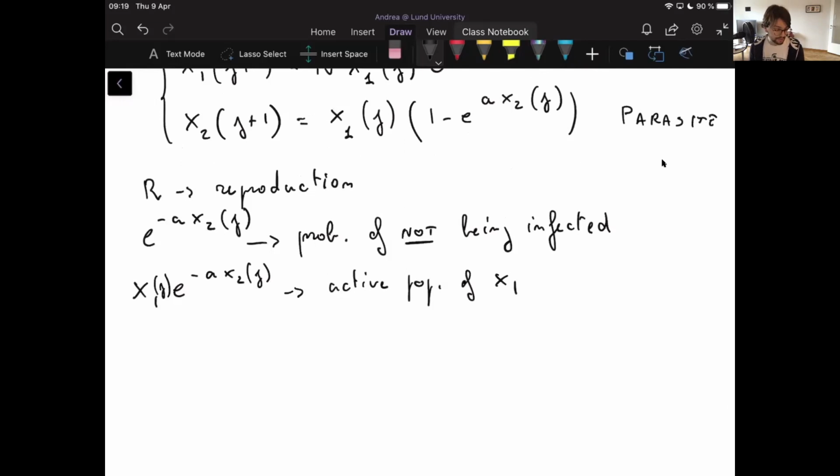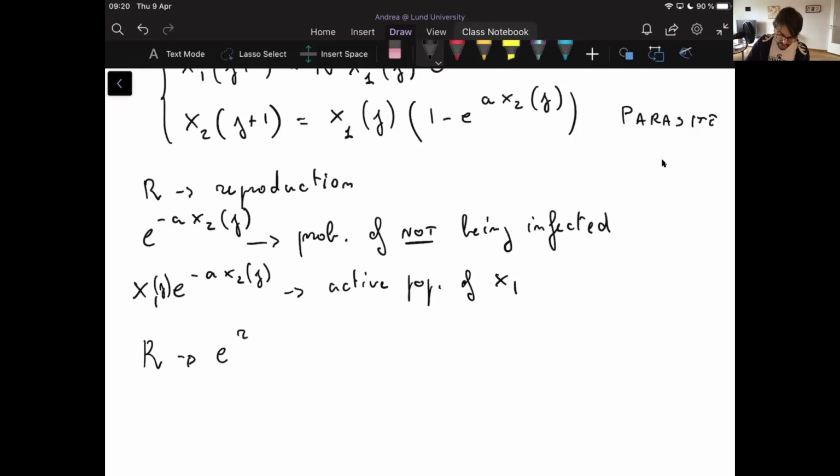that represents the capacity of the habitat. So instead of the big R that is just the reproduction rate, in '75 they were not big on logistic maps, but instead R was substituted with an exponential term.